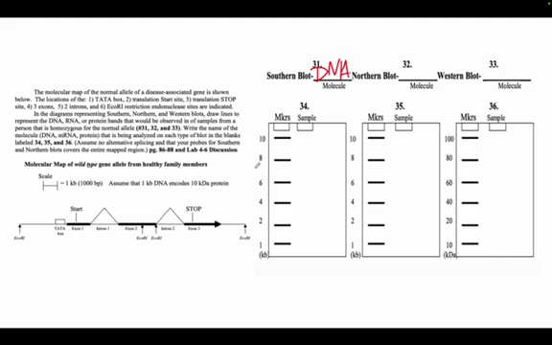Now, in a Southern blot, the first step will be to restriction digest our DNA so that we break it into smaller parts. So what is going to happen is that our DNA will be broken up into smaller parts by, assume here we're using EcoR1, since we've been given where the EcoR1 digestion sites are within this gene.